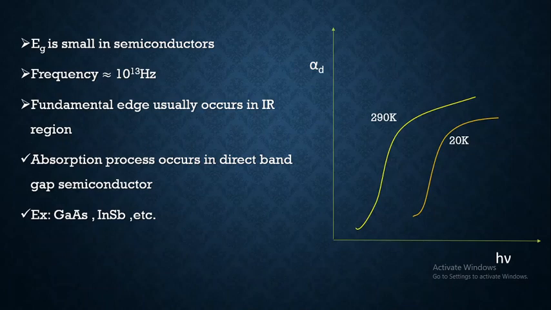So absorption will start at a certain energy and then will have the same nature. So this is about the fundamental absorption in case of a direct band gap semiconductor. But as I told you, fundamental absorption is a very basic type of absorption process which occurs in semiconductors.